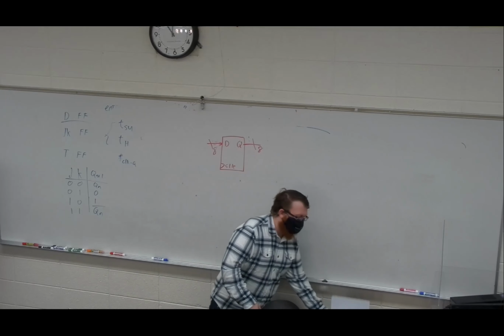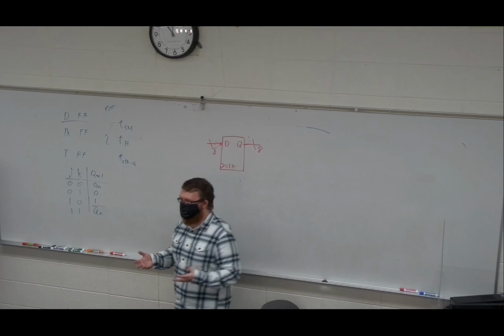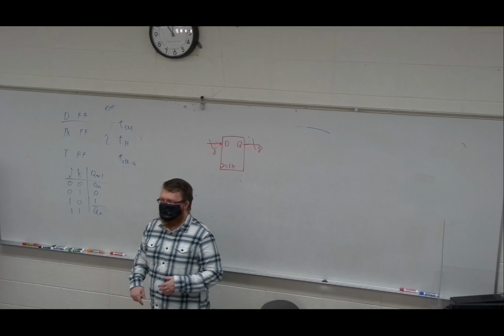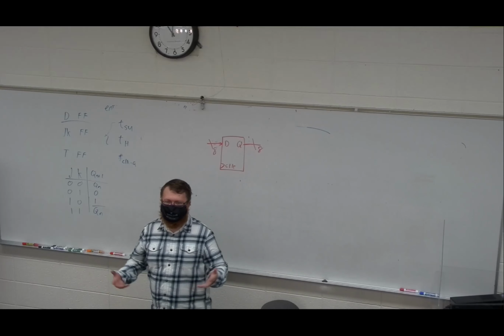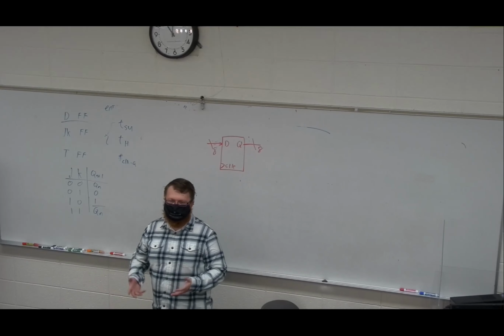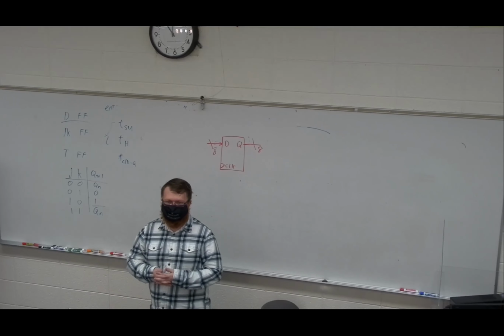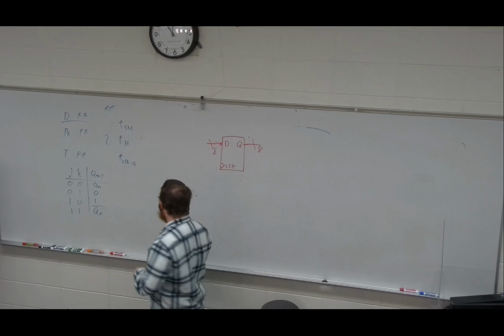In order to realize how it's storing this data, most of you have taken or are in 1270. What device do we have that can actually store electricity? The capacitor.